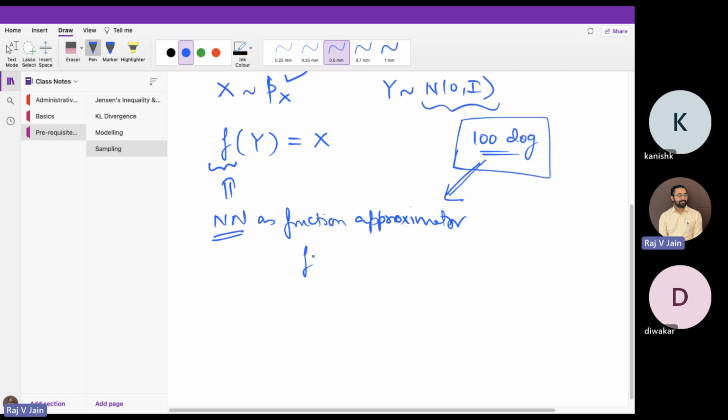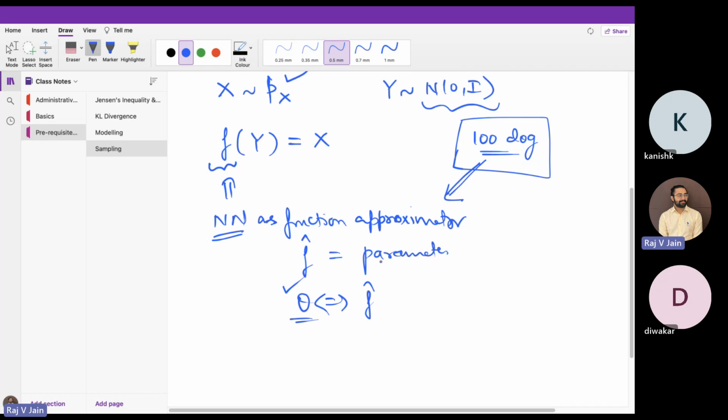So in some sense, I'm saying, okay, I want to uncover the true f. I don't have the true f, so I will build an approximator to f, that is f hat. Now this f hat, at least for neural networks, is basically just a function of its parameters. That is, if I know theta, I know what f hat is. If I know f hat, I will know what is theta. So basically, if I know theta, that is enough.